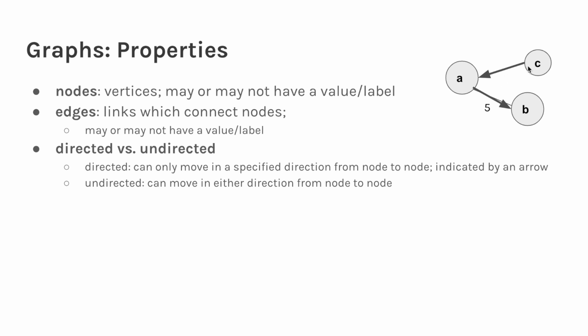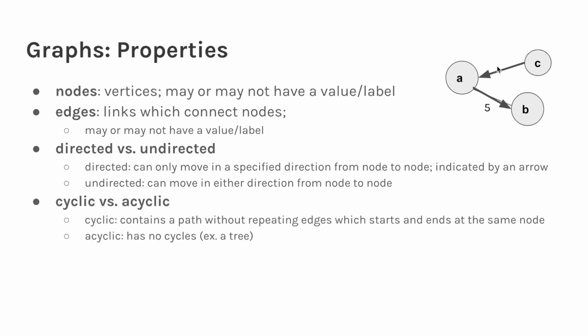So we can only go from C to A and we can't go from A to C, unless, of course, we have arrows in both directions. You can think of an undirected edge as just a directed edge with arrows going in both directions. Like this.